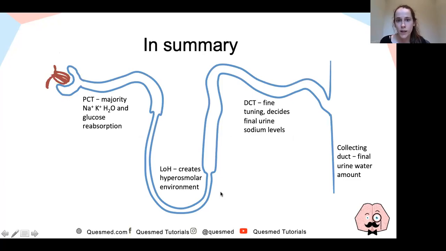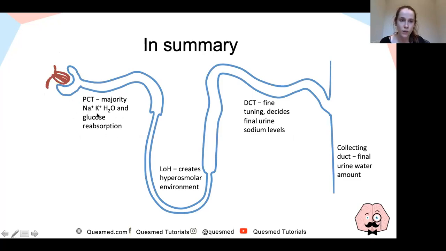So in summary, this is a nice little summary slide that I've made just to help us remember what each part of the nephron does. Again, we've got our glomerulus with our afferent and efferent arteriole, and then a Bowman's capsule. We've got our proximal convoluted tubule, where the majority of reabsorption takes place.